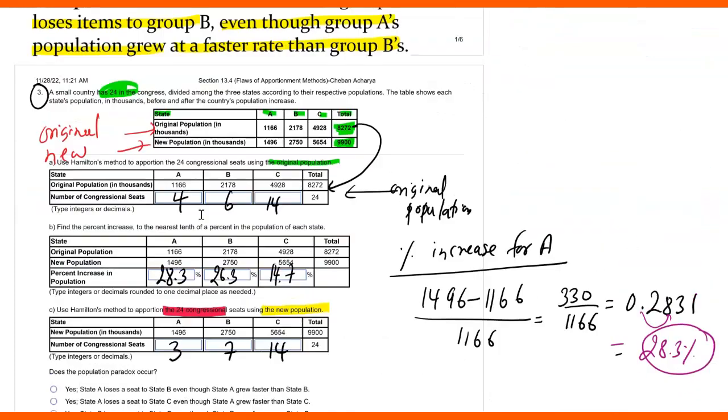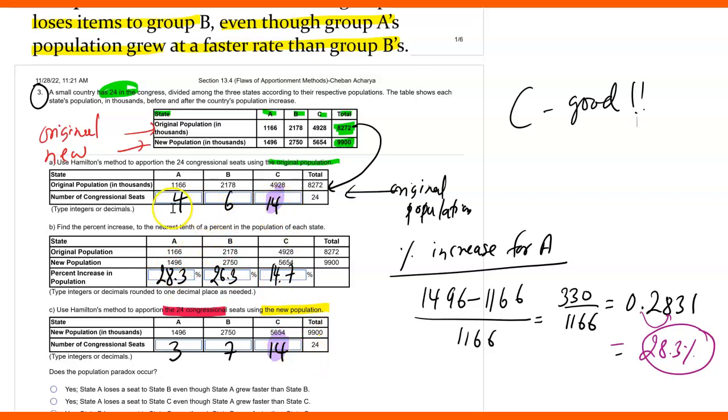Okay, let's see. C, nothing happened to C. 14, 14, C good, right? C good, C good. Because C's apportionment does not change.